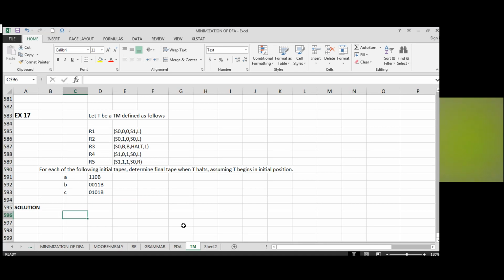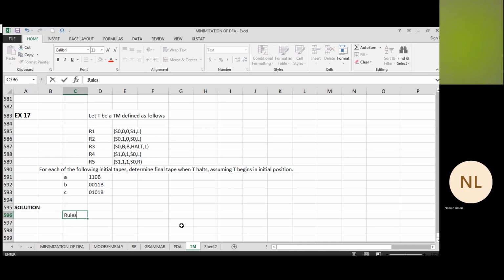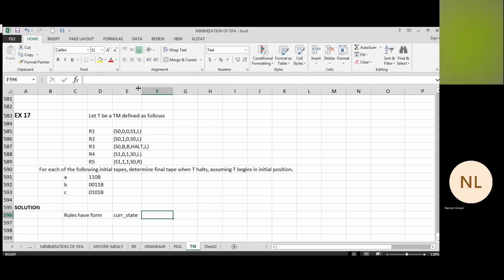So now we will start with the interpretation of rule. So we say that rules have the form: the very first tuple in the rule will represent current state. Then the second one will represent current input symbol.